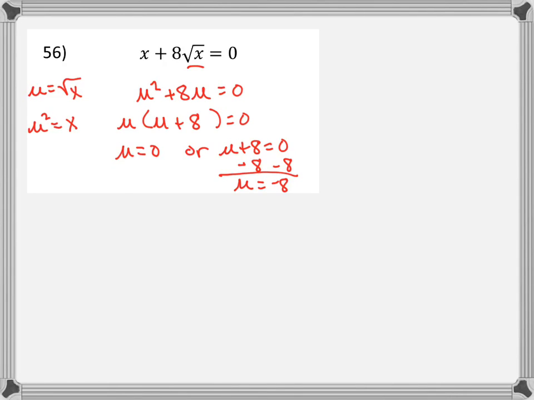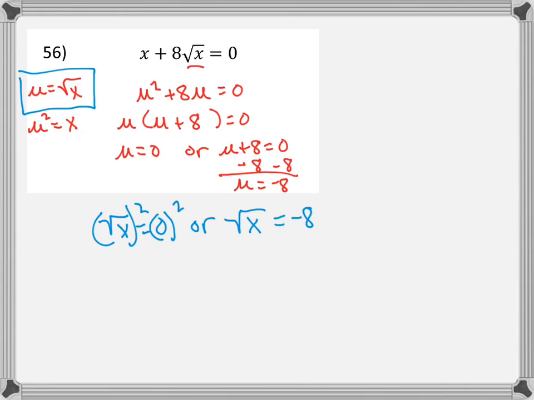But remember, we don't want to know what u is, we want to know what x is. So let's substitute the square root of x back in for u. The first one becomes the square root of x equals 0, and the second one is the square root of x equals negative 8. In the first one, I will square both sides to get rid of the radical. So x equals 0.